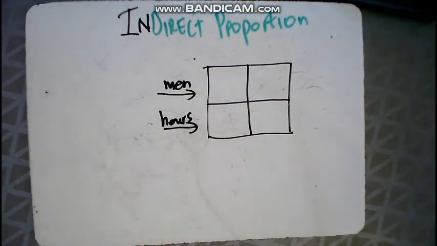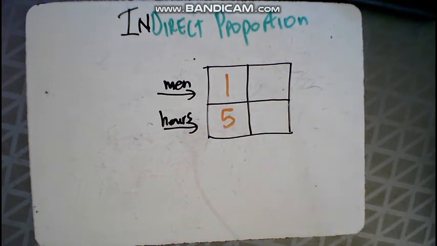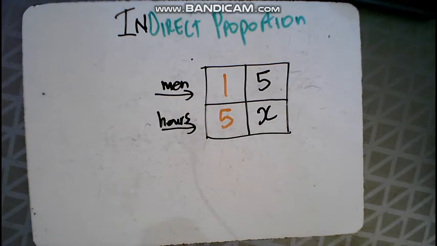With indirect proportions, if you look at the next question, it says 1 man digs a hole and it takes him 5 hours. So we always keep our categories horizontal. So 1 man takes 5 hours. The question then asks, how many hours does it take 5 men? Notice we're digging the same hole.